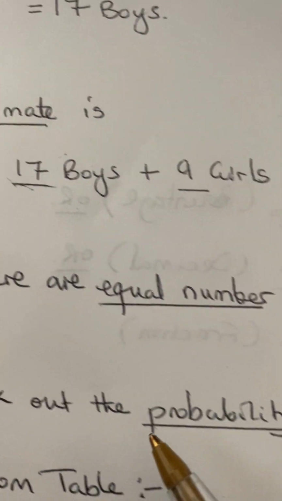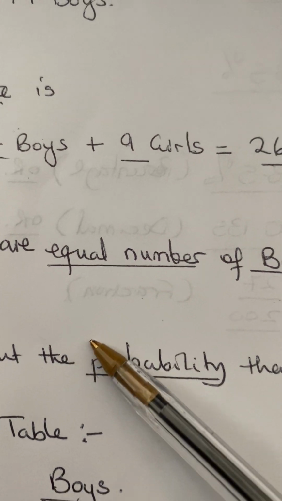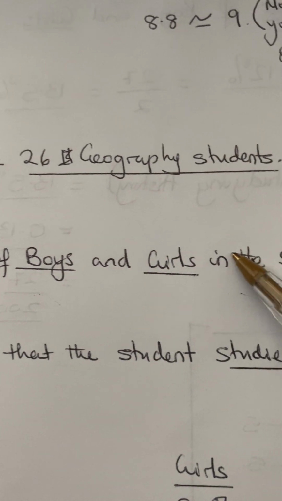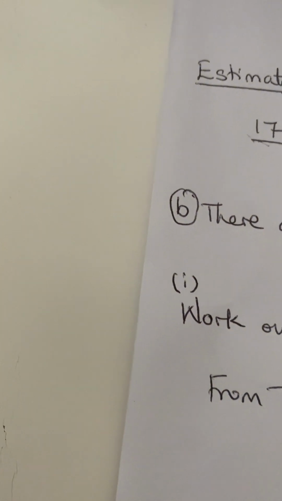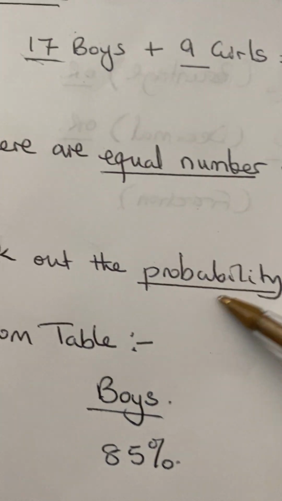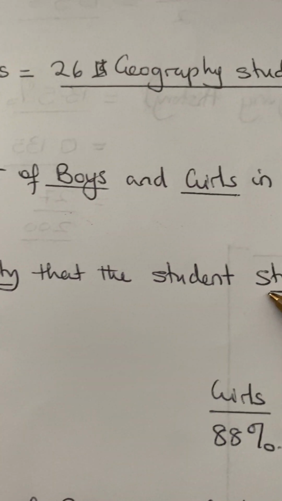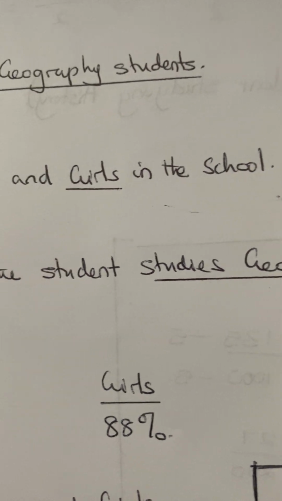If there are 400 pupils, then it's 200 boys and 200 girls. Because they're giving us this information, equal number of boys and girls in the school. Work out the probability that the student studies geography.